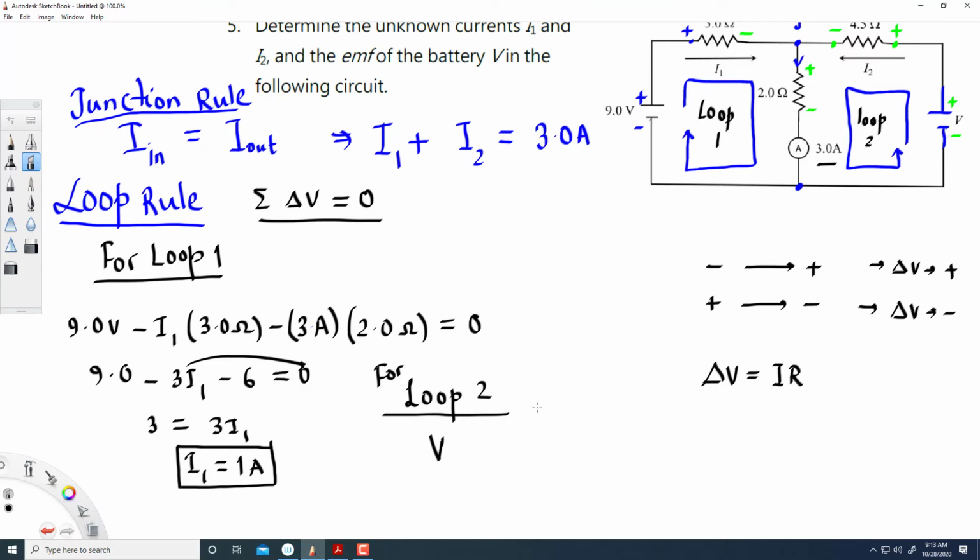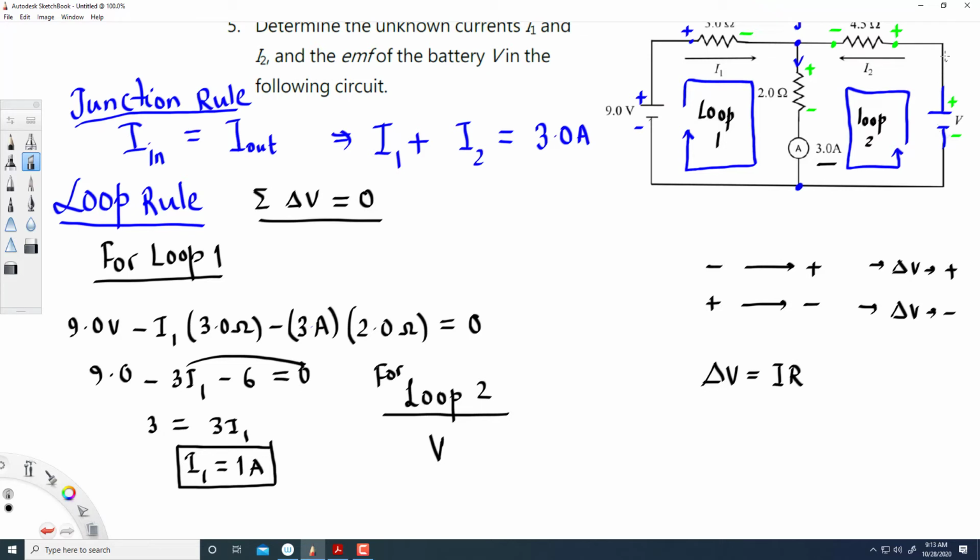Going from negative to positive, it's positive, V. Then the next component going counterclockwise is this one.